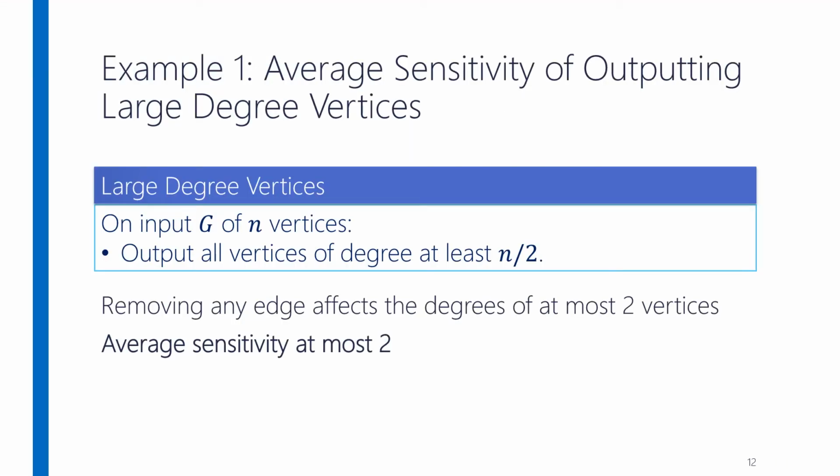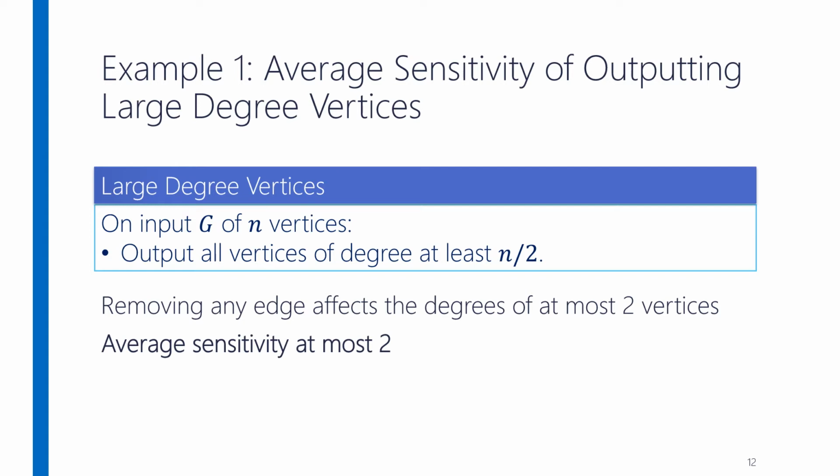Now here is an example of a problem with what we consider low average sensitivity. The problem here is to output the set of all large degree vertices of a graph. Since the removal of an edge can affect only the degrees of its endpoints, the average sensitivity of the given algorithm is big O of 1.